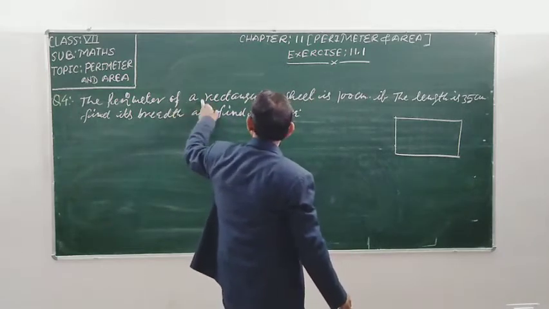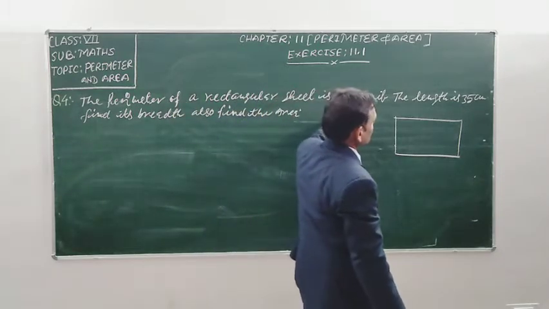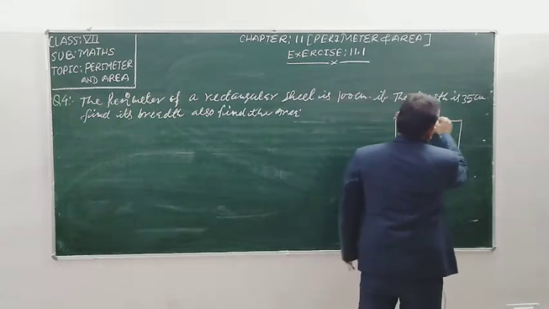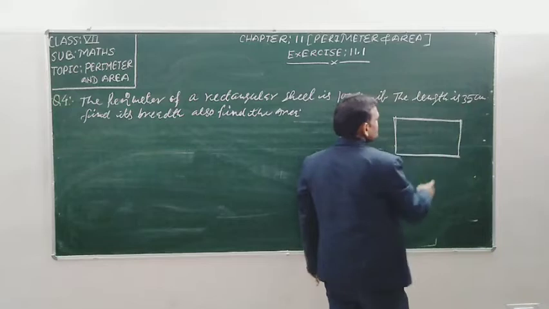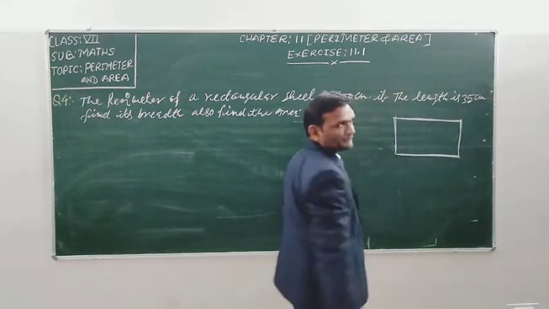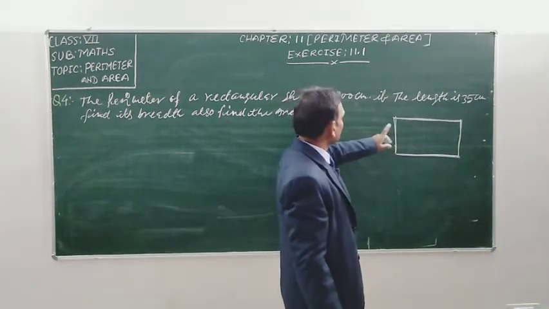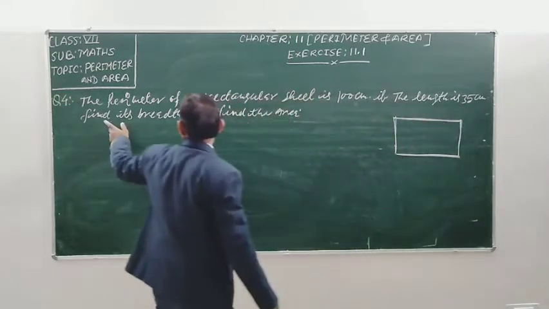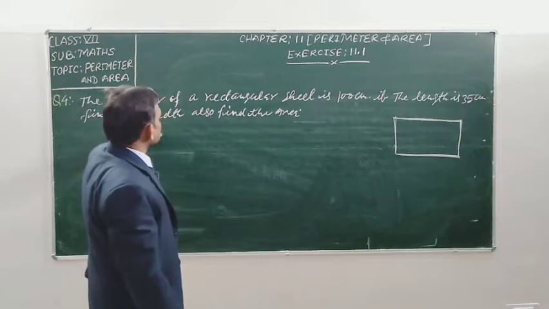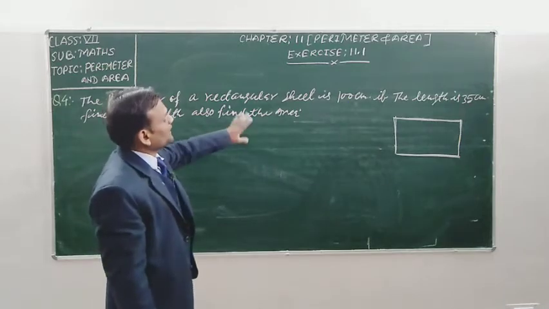Perimeter of the rectangular piece is 100 centimeter. It means the sum of all its sides is 100 centimeter. This is perimeter, you know very well. If the length is 35 centimeter, find its breadth and find the area.